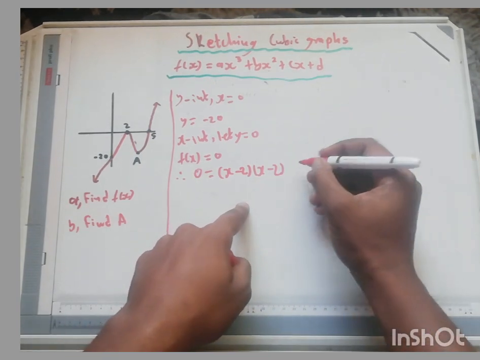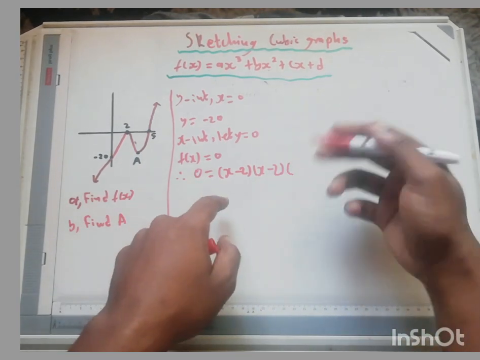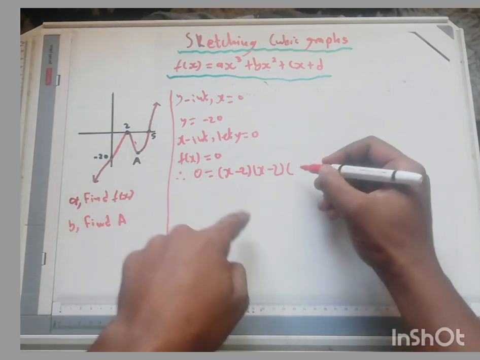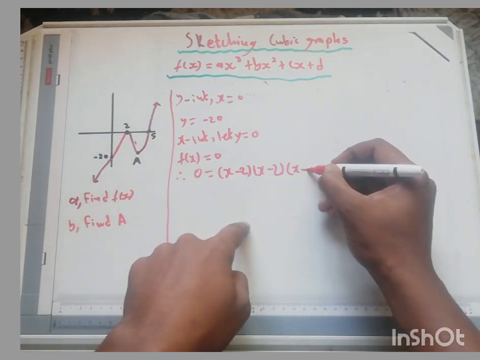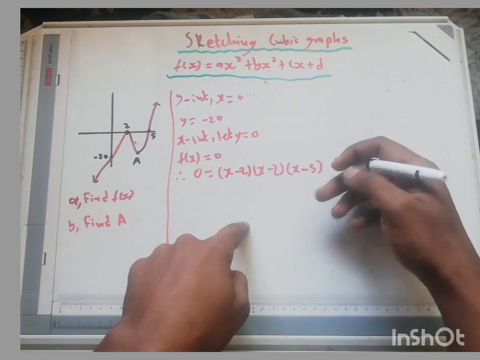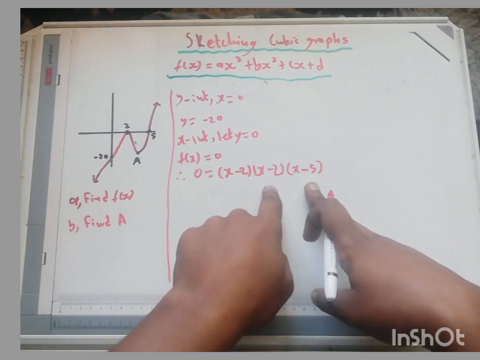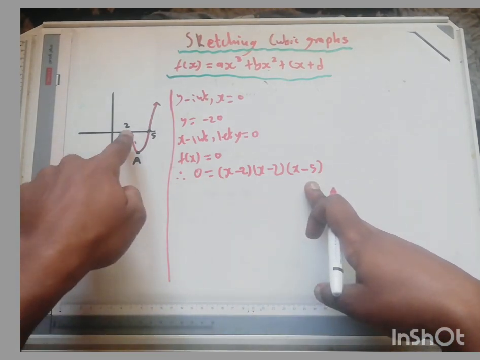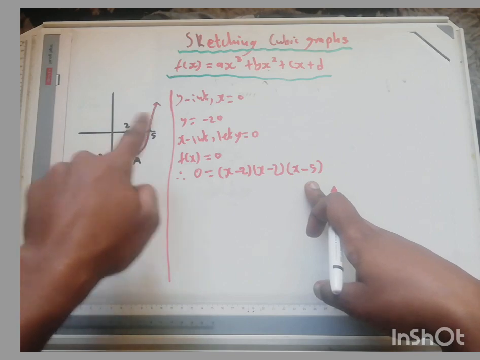And then the other x-intercept given to you is what? Is 5. So it means that you had something like x minus 5. So that x will be equal to 5 and x equals to 2. And it's true. Why? We are told here that the x-intercepts are 2 and 5.